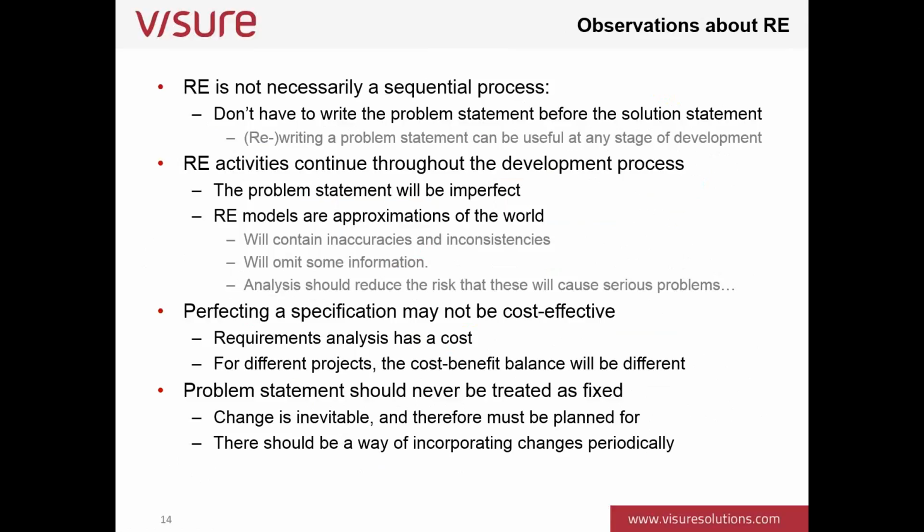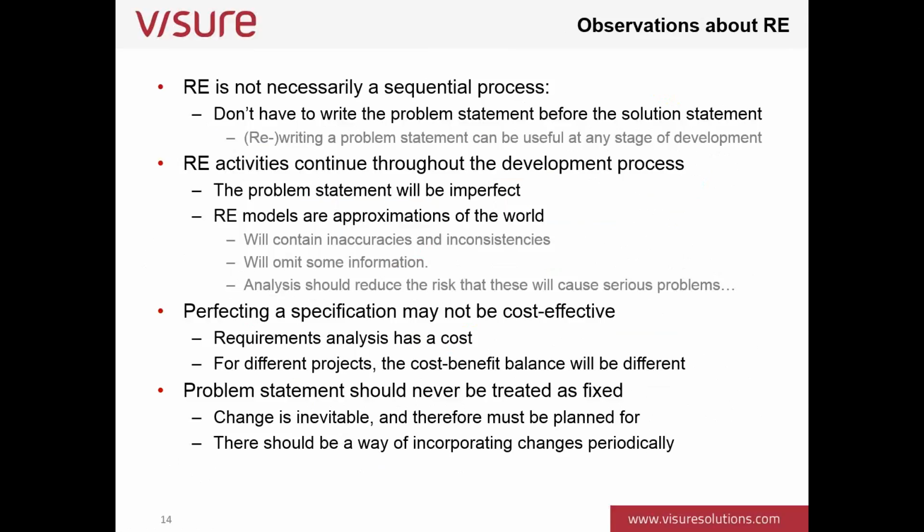The requirements engineering activities are going to continue through the whole development process, because the statement is going to be imperfect, and as we start designing and developing in the further stages, we will discover things that we are missing, things that we should have specified and haven't, so we have to go back and specify new things.